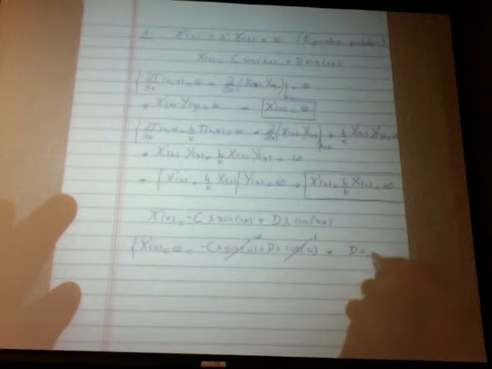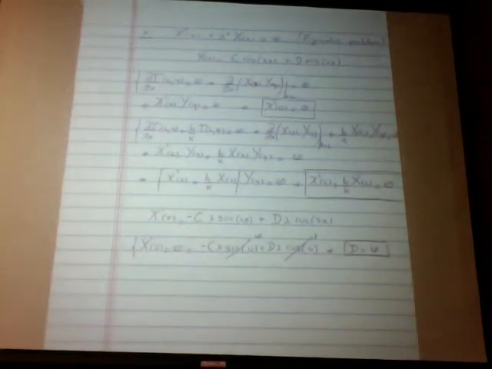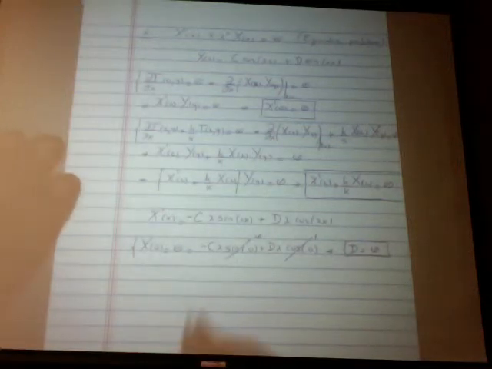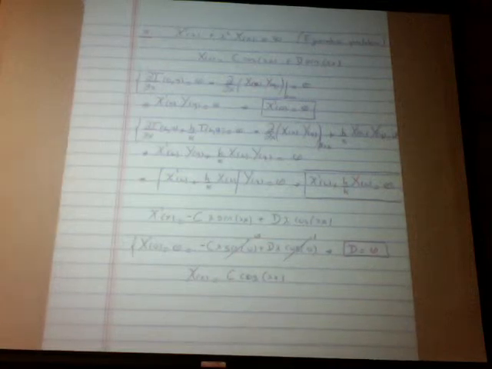The sine of 0 is 0, the cosine of 0 is 1, and therefore d is equal to 0. So what we're left with is X of x equals c times the cosine of lambda x.